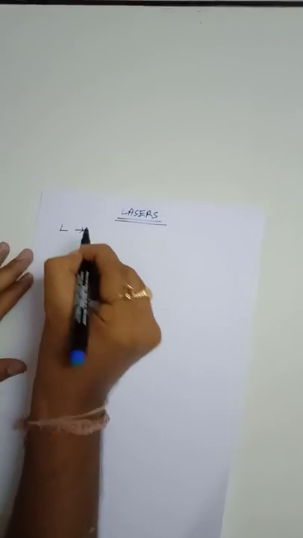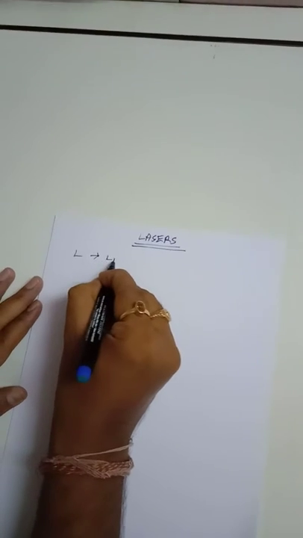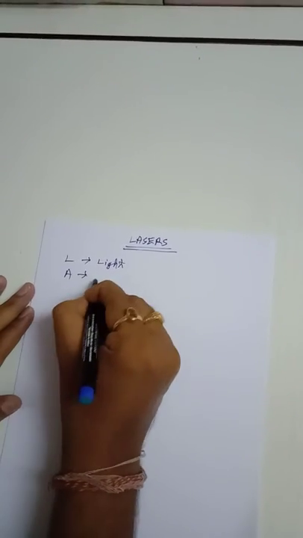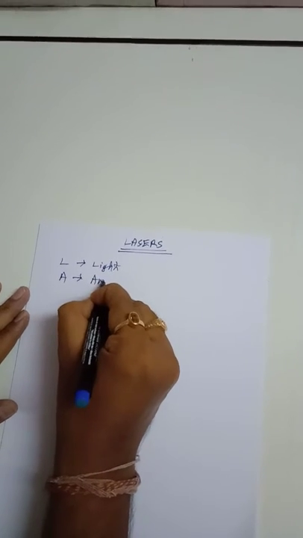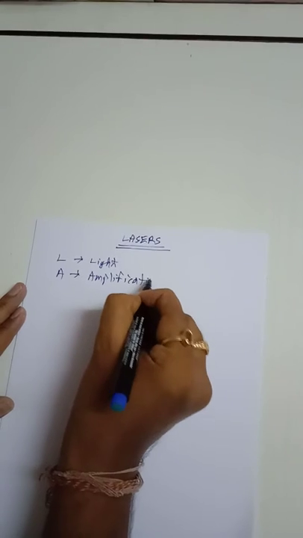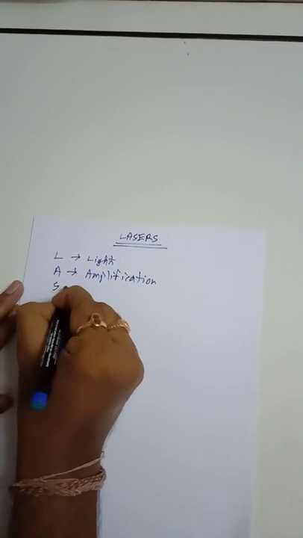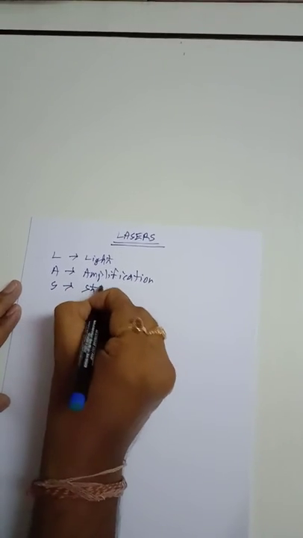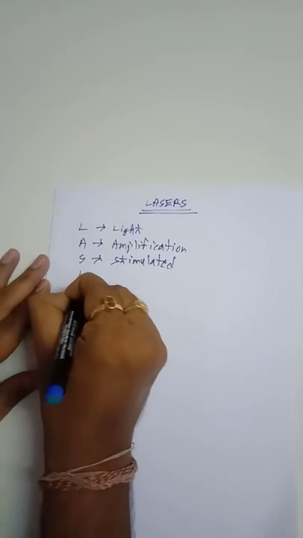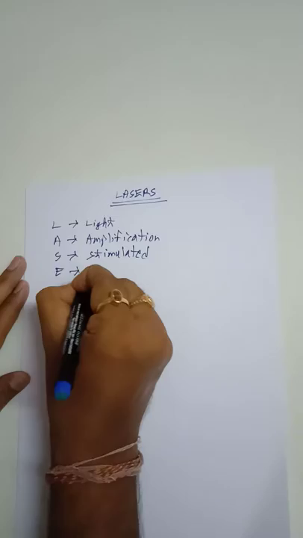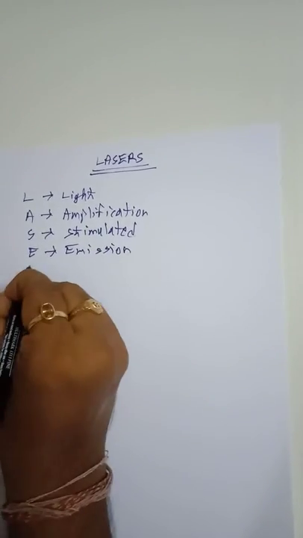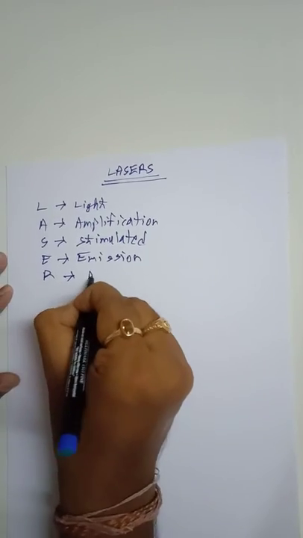L stands for light, A stands for amplification, S is stimulated, and E for emission. R represents radiation.